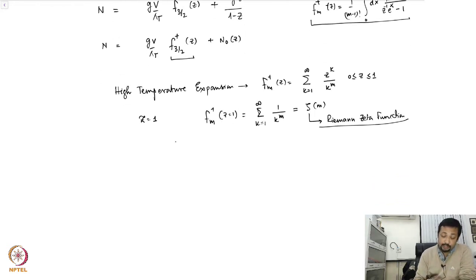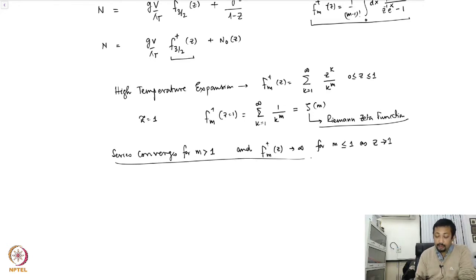The series converges for m greater than 1, and f plus m of z tends to infinity for m less than or equal to 1 as z tends to 1.